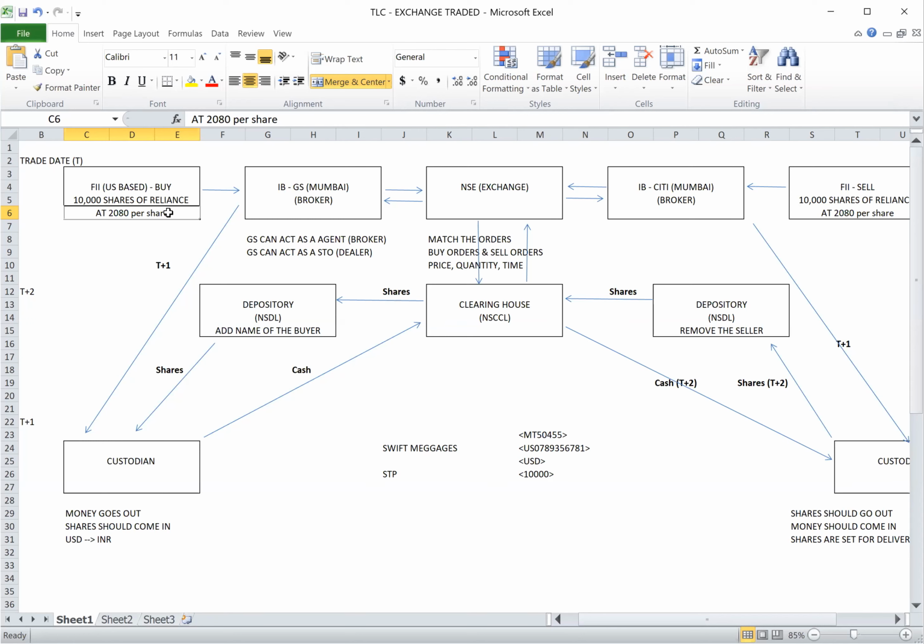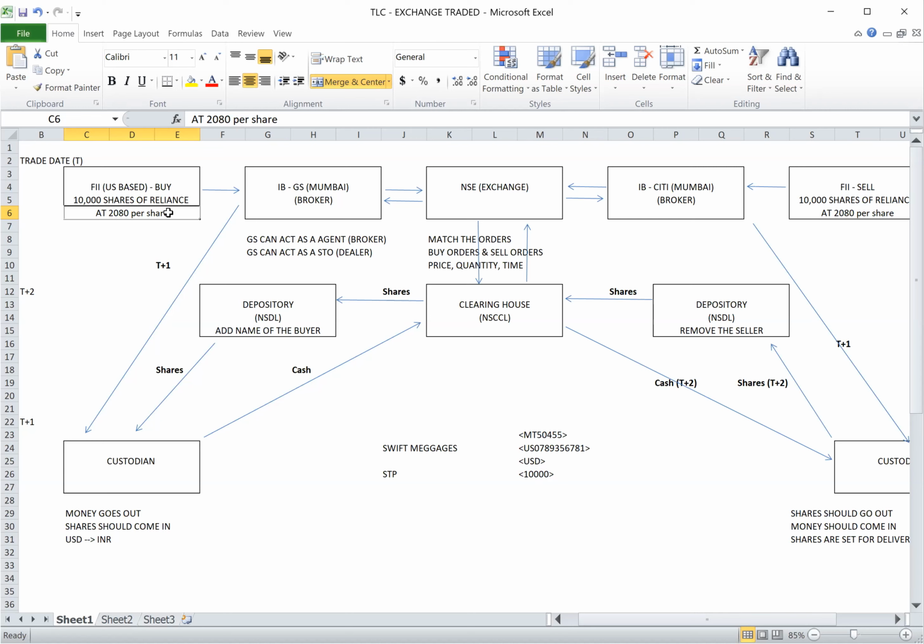But these mutual funds, who are collecting money from various investors and buying shares on behalf of various investors, where do they need to keep their money and their shares? They cannot keep it with themselves. It is very risky for all the investors if all their shares, all their cash, everything is kept with the mutual fund company itself.